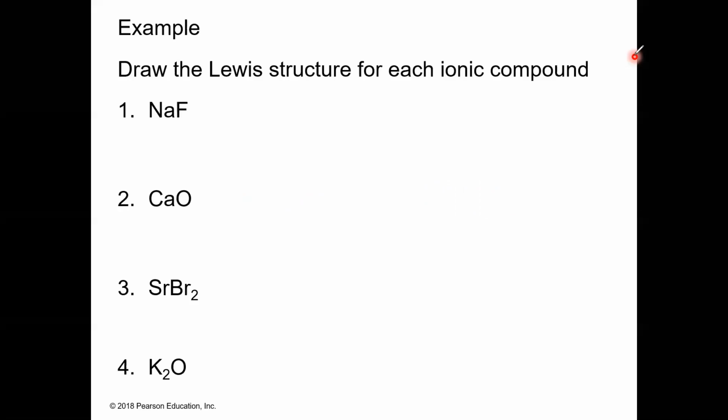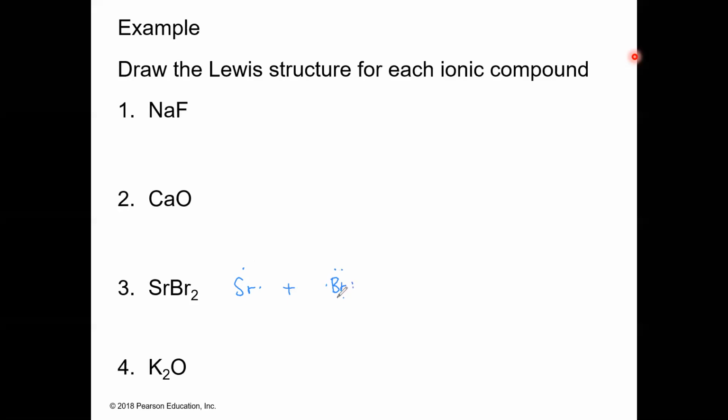All right, let's try the same thing for strontium bromide. Strontium, the element by itself, has 2 valence electrons. Our bromine has 7 valence electrons. So 1, 2, 3, 4, 5, 6, and 7.